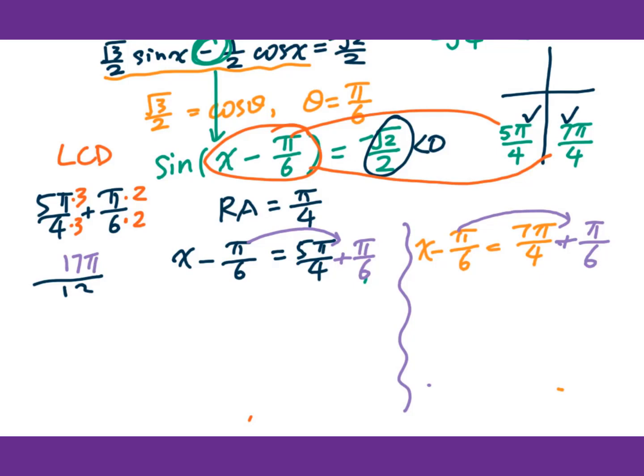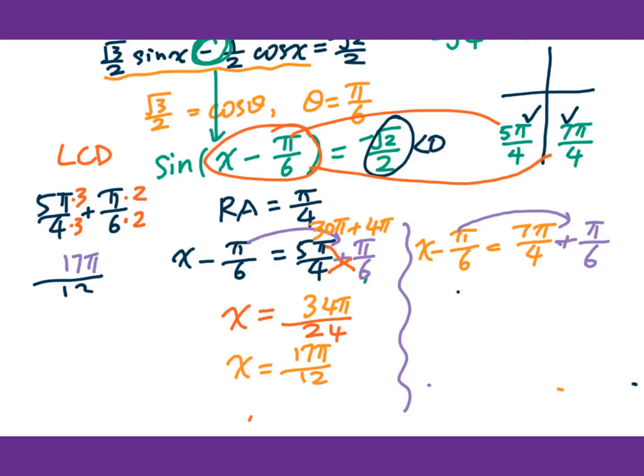Or if you want to do it this way, cross multiply, you will get the denominator multiplied is 24. Here is 30 pi plus 4 pi, get the 34 pi. Then you reduce, you will get the 17 pi over 12. It's really up to you which method is better for you.